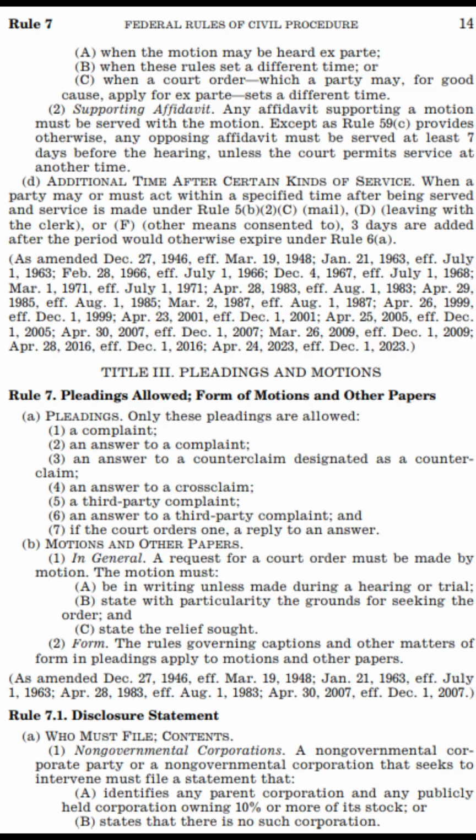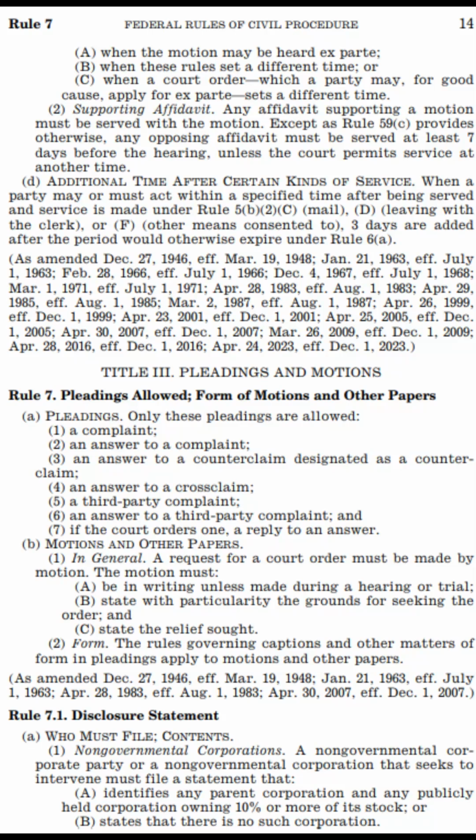B. When these rules set a different time, or C. When a court order, which a party may, for good cause, apply for ex parte, sets a different time. 2. Supporting affidavit. Any affidavit supporting a motion must be served with the motion, except as Rule 59(c) provides. Otherwise, any opposing affidavit must be served at least 7 days before the hearing, unless the court permits service at another time. D.